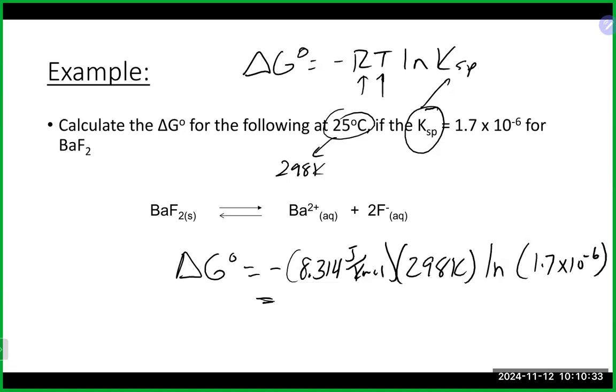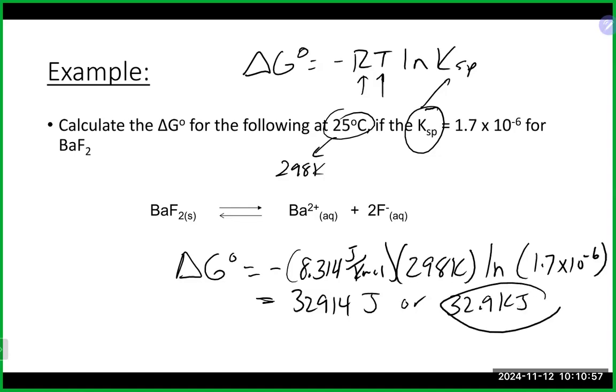So putting those in, 8.314 times 298 times the natural log of 1.7 times 10 to the minus 6. And we don't want to forget the negative that's in the front there. That's going to give us 32,914. The units here would be joules, roughly 32.9 kilojoules, which is typically the units that delta G is given in.